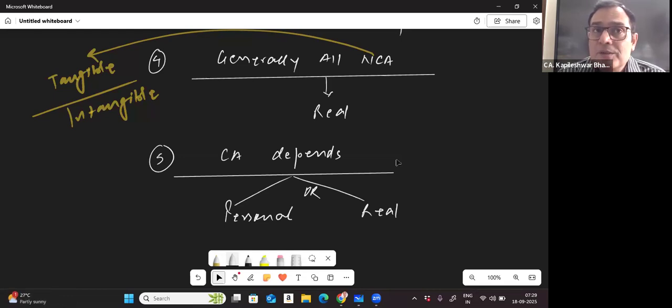So to that extent, it would pick up the nature of the asset account itself. So I would rather call it the real account itself. Yes, if you're creating a provision for a liability, then I would say it is a personal account. But provisions against assets, as you said, provision for depreciation would be a real account. It's a reduction of the same asset itself, so it should pick up the nature from there.